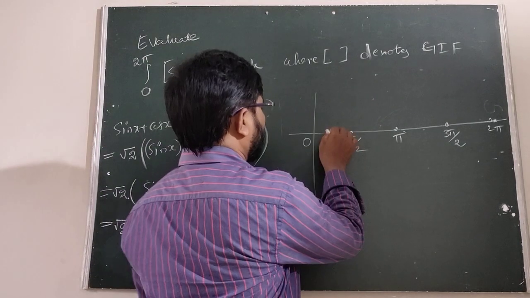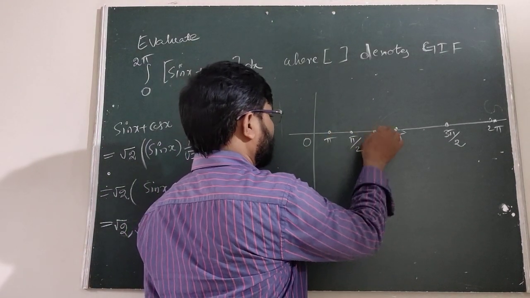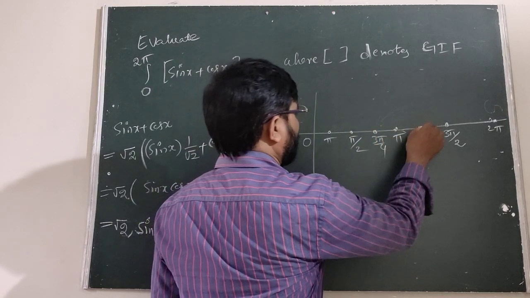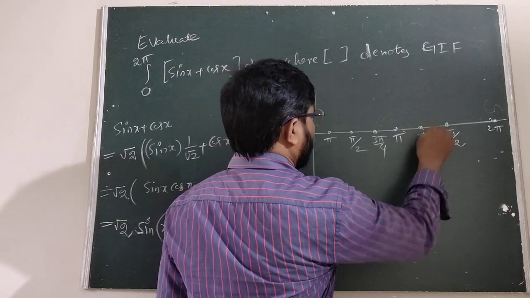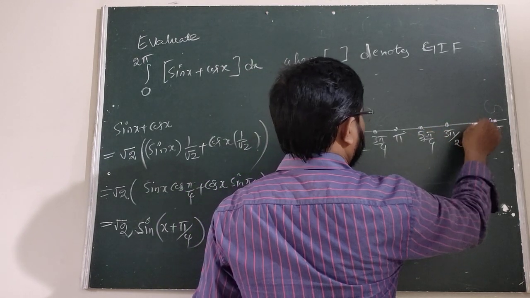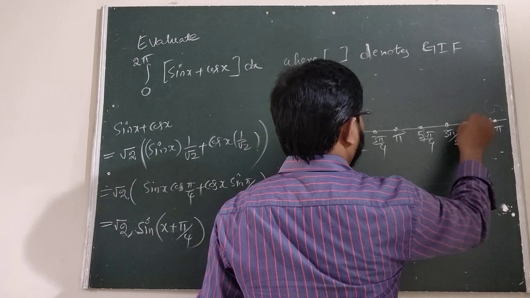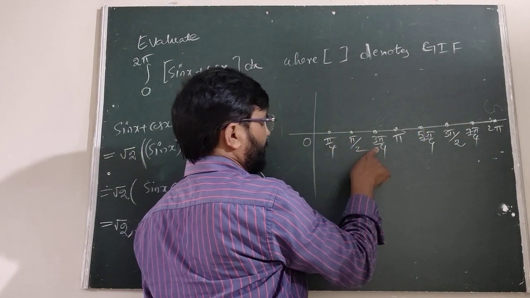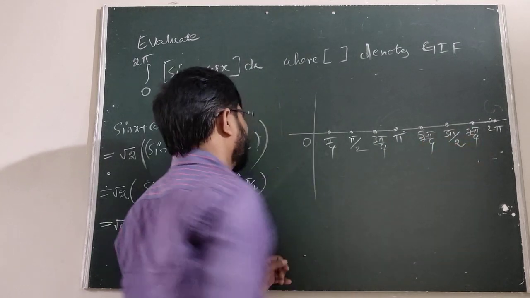After that, this is pi by 4, 45, 135 which is 3 pi by 4, 225 which is 5 pi by 4, and this is 7 pi by 4. So the points are pi by 4, 3 pi by 4, 5 pi by 4, 7 pi by 4.